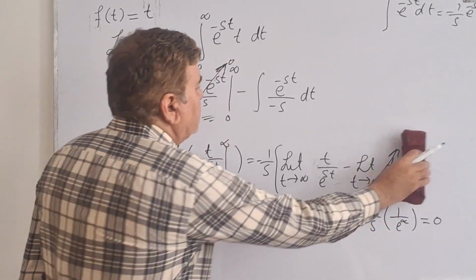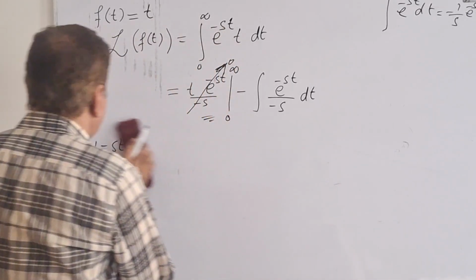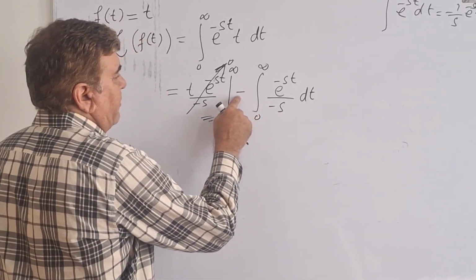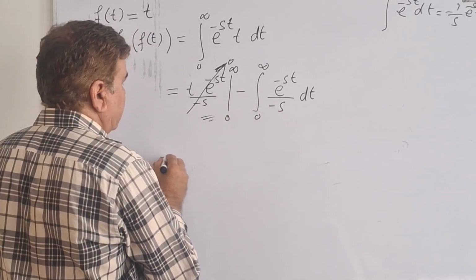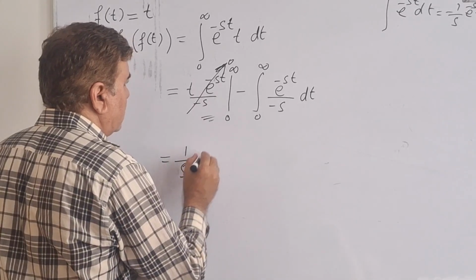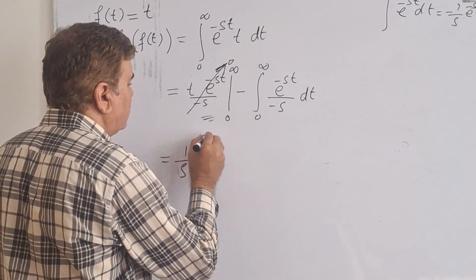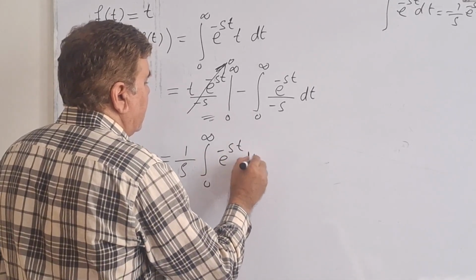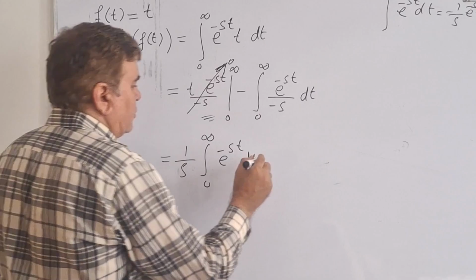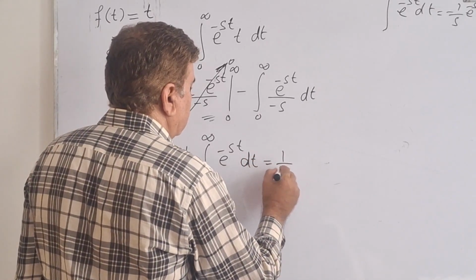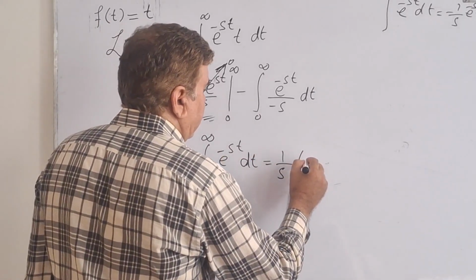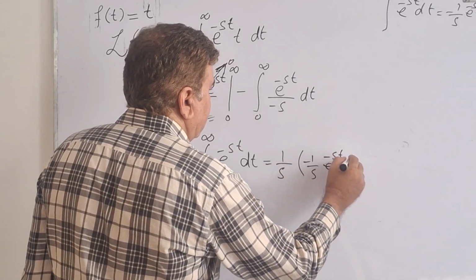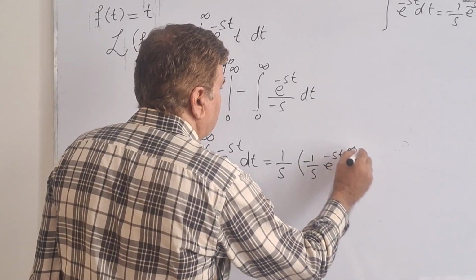And now I rub this out and want to evaluate the rest of the part. So this minus with this minus will make it plus, and this 1 over s stays at its own place. So I write this as 1 over s times the integral from 0 to infinity of e to the minus st dt, and now I can integrate this to get 1 over s into minus 1 over s into e to the minus st, with limits from 0 to infinity.